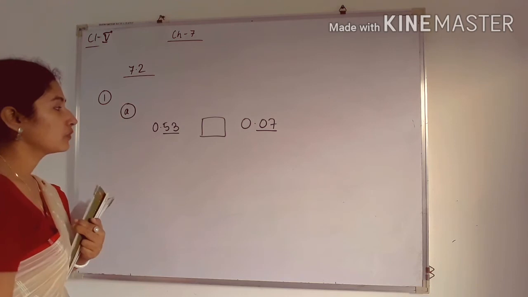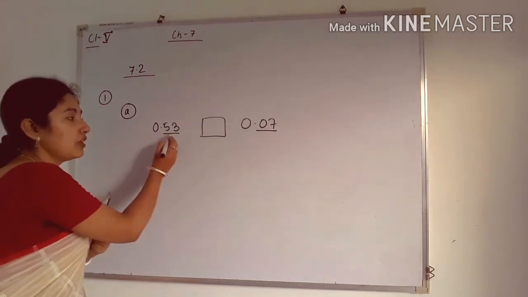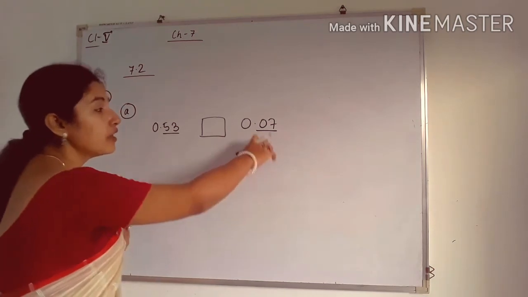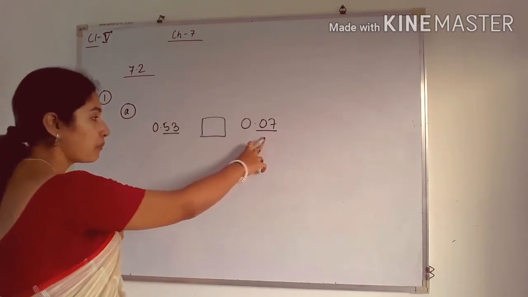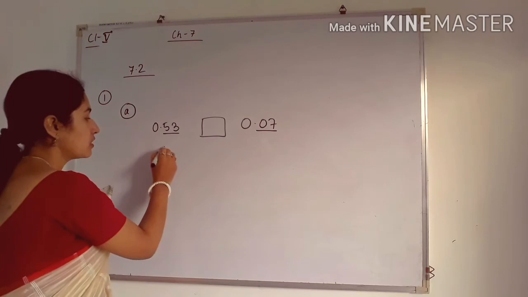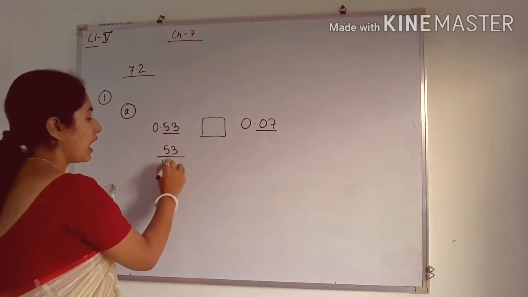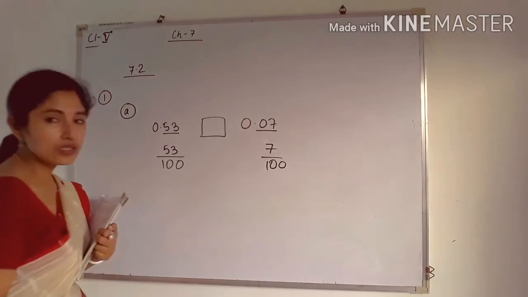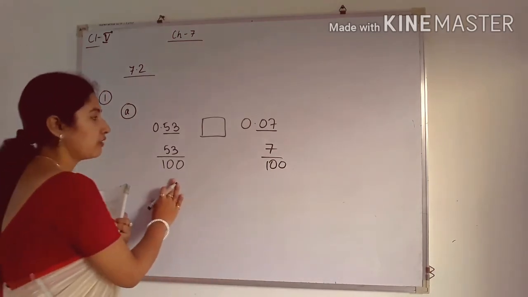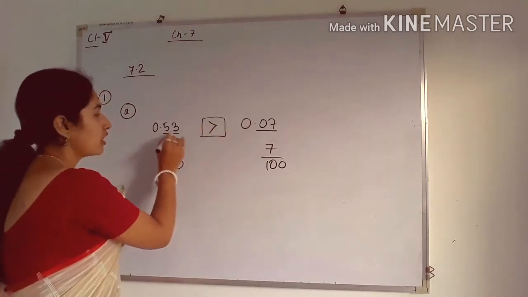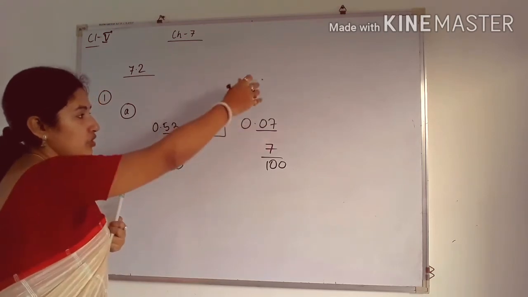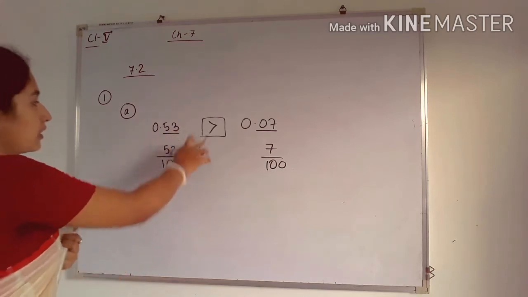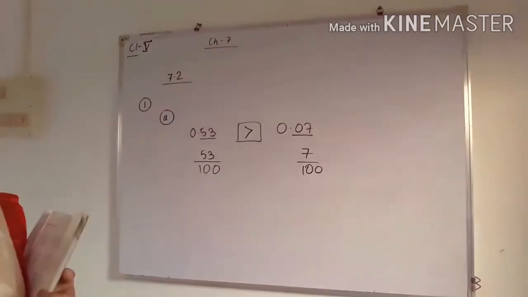You have to color 53 parts out of 100 equal parts, but here you have to color 7 parts out of 100 equal parts. This is 53 by 100 and this is 7 by 100. So you can easily compare which one is greater. Yes, 53 by 100 is greater. So you have to shade 53 parts and here you have to shade 7 parts of it. So try to do this. Color in the book itself.